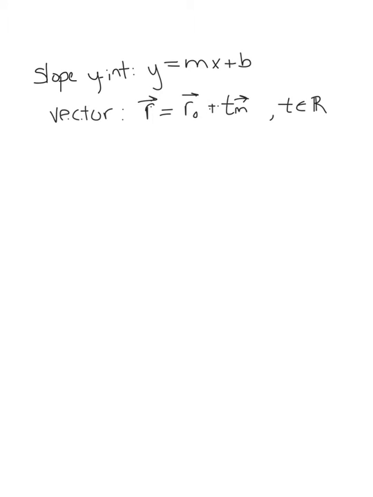The second type of equation that we're going to be looking at is called a vector equation. So what that is: some vector r is equal to r sub 0 plus some parameter t times the direction vector m. And here we're going to be saying that t is an element of the reals. So what this looks like in Cartesian vector form or component form is this.